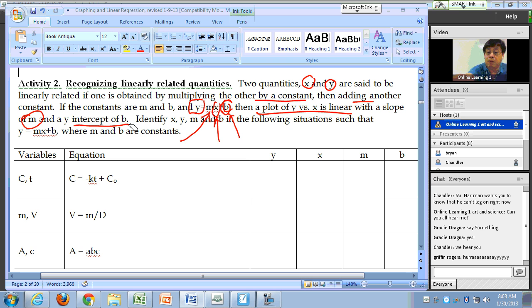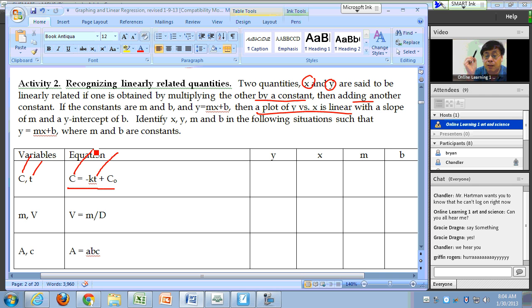So let's look at a couple of equations and see what we need to plot in order to get a straight line. So here's an equation right here that might relate the concentration of a reactant versus time. So C, let's say, is concentration, T is time. Okay, so C is equal to negative kT plus C naught. So let's pretend here that C and T are your variables. Okay, you'll notice that if I were to plot C versus T, I should get a straight line.